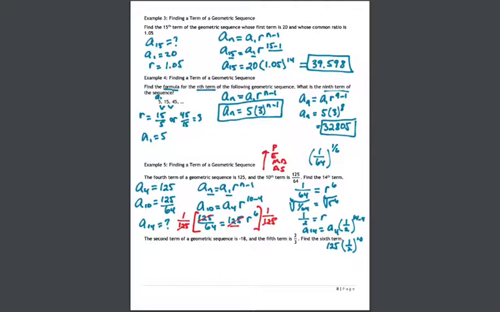I'm going to make sure when I type it in that I use alpha y equals in my calculator to type in that 1/2 so that it looks like a fraction, and it's going to give me an answer that's a fraction. So I get 125 over 1024. So that is the 14th term for this sequence.